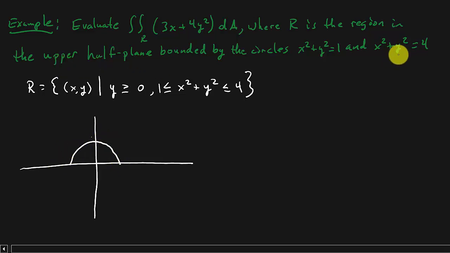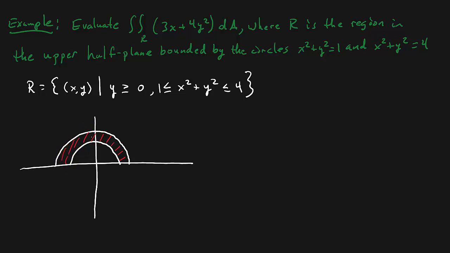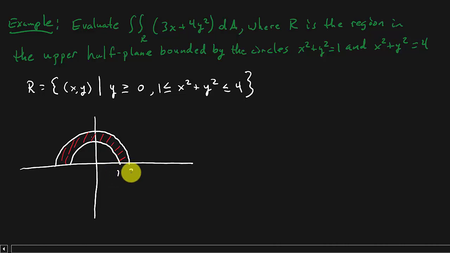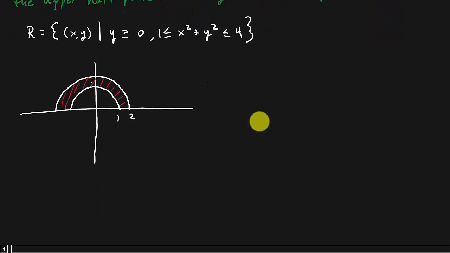And then let's draw this one, and so that's going to be this. And so what we're looking for is this right here. We know this is 1, this is 2.